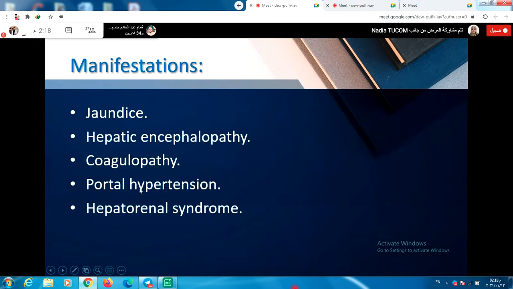Portal hypertension, with all its manifestations and consequences, and even life-threatening upper gastrointestinal bleeding, and hepatorenal syndrome. Hepatorenal syndrome is the development of renal failure secondary to hepatic failure, without obvious renal or primary renal disease.